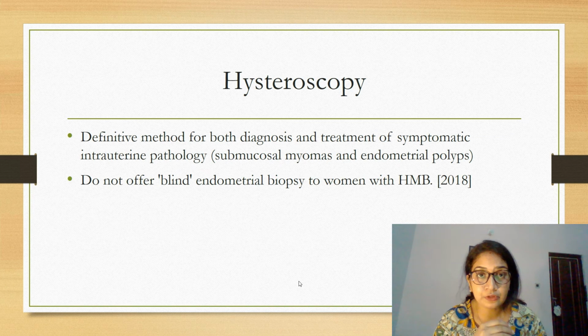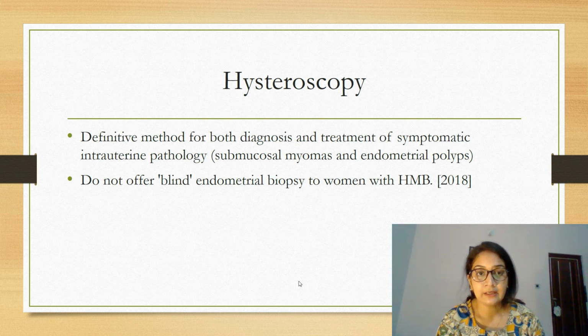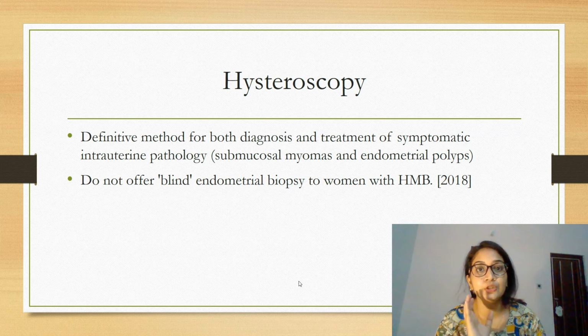Nowadays, as gynecologists, we usually prefer an abdominal scan or a transvaginal scan. If any abnormality is picked up, we do a hysteroscopy. Hysteroscopy: hystero means your uterus, scopy means putting a camera inside the uterus.